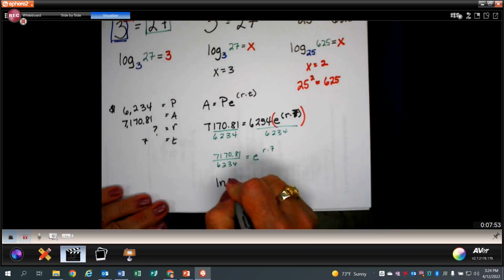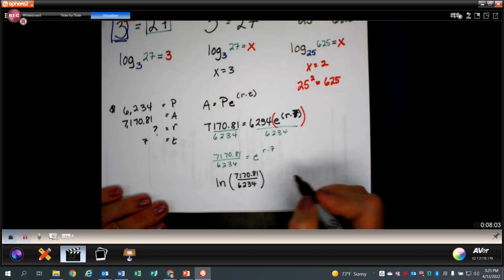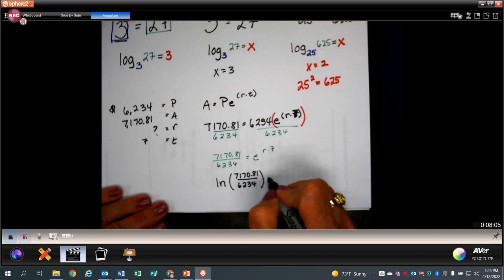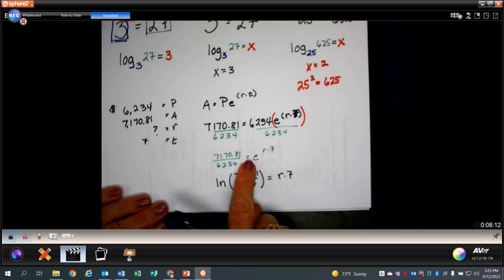I'm just going to enter it right like this without doing any calculations yet, and then that is going to be equal to the exponent, R times 7. Be sure you don't rewrite the E on this side because the E is now here in the logarithm.